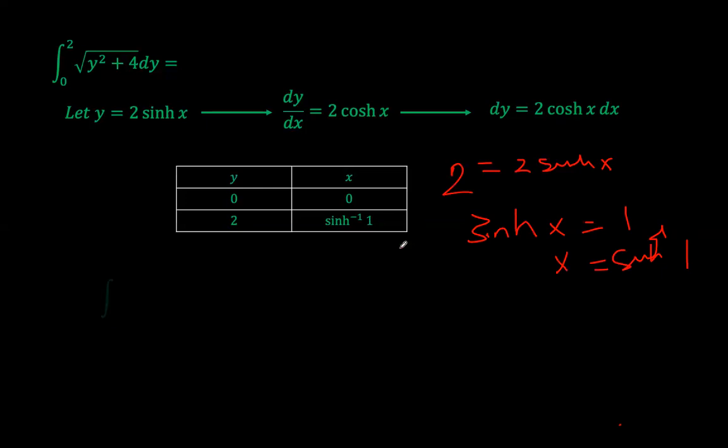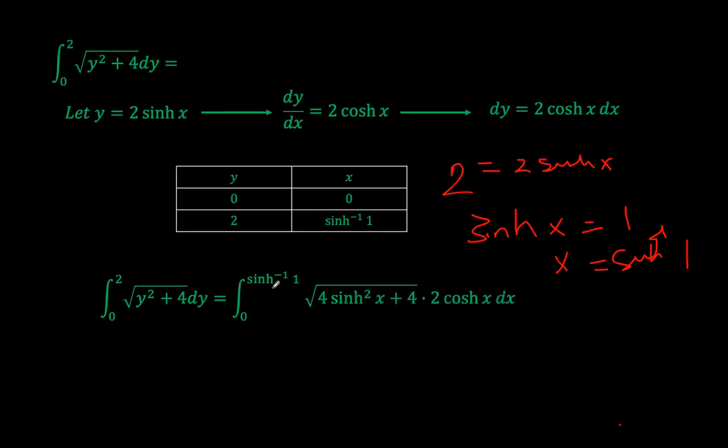So the limits, we devise them appropriately. So we have 0 as the lower limit, upper limit arc sinh, or arc hyperbolic sine of 1, and then in place of y, we have 2 hyperbolic sine of x, so that squared is 4 sinh squared x plus 4 times 2 cosh x dx.